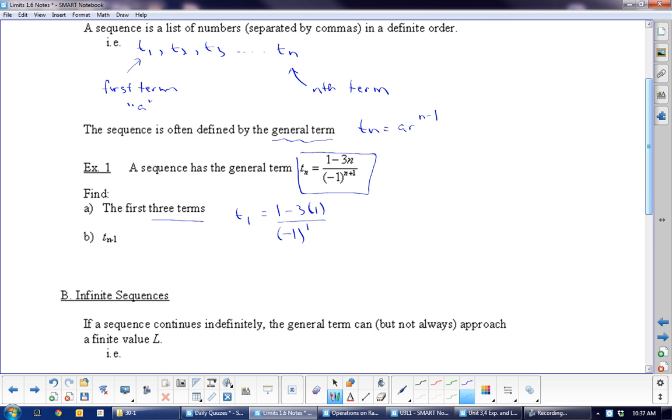Negative 1 times 1 plus 1. So this will give you 1 minus 3 over negative 1 squared, which will give you negative 2 over 1, which equals negative 2.